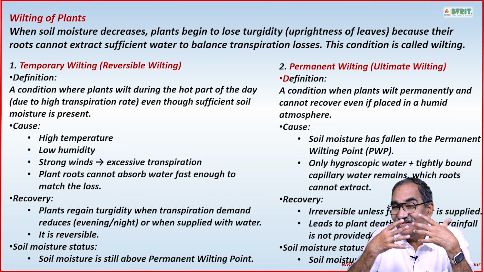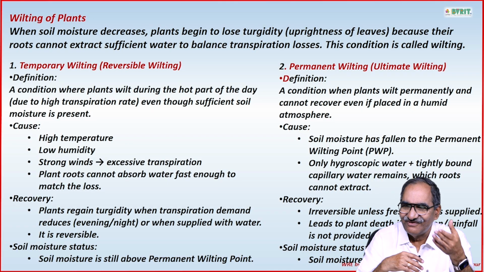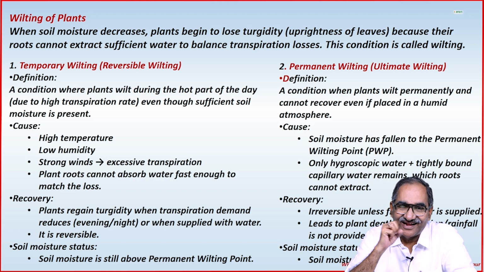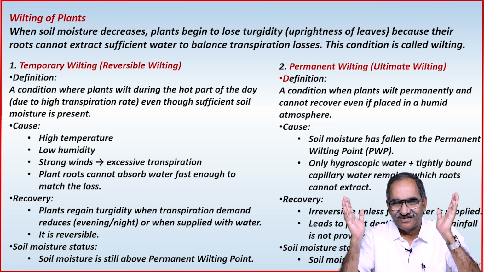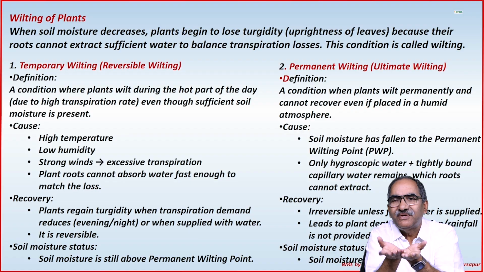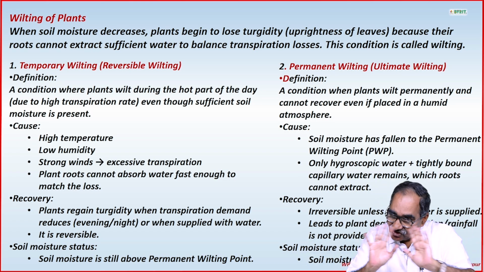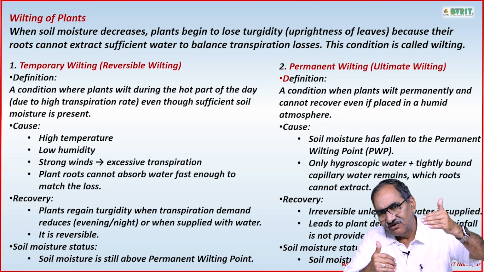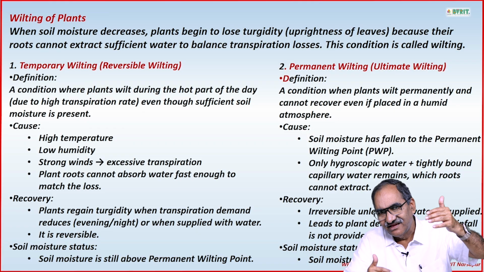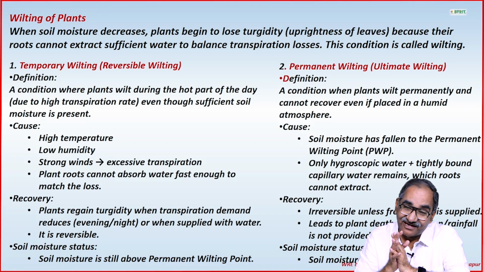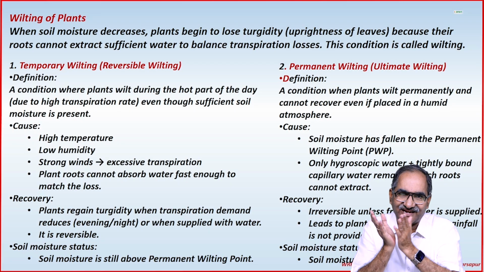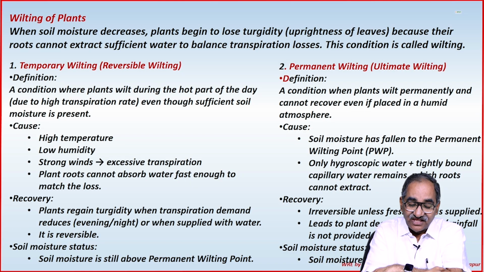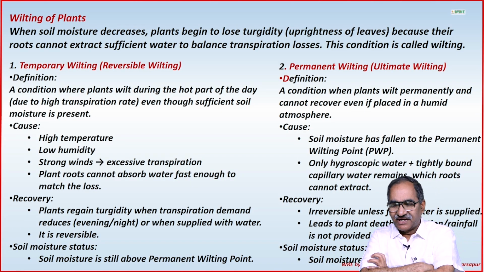But during the night, when they attract moisture from the air, they become upright again. So temporarily they appear as if they are dying, but no. In the evening, as the temperature goes down, the humidity goes up and the winds are less, the plant will recover and survive. This is what we call temporary wilting.